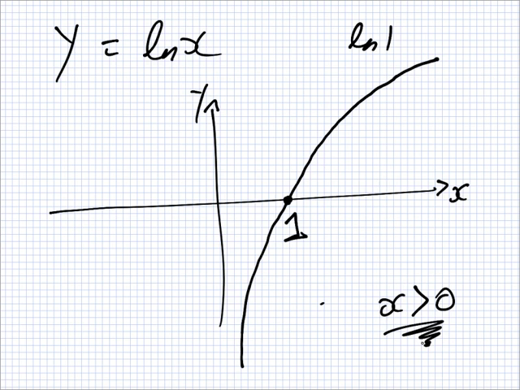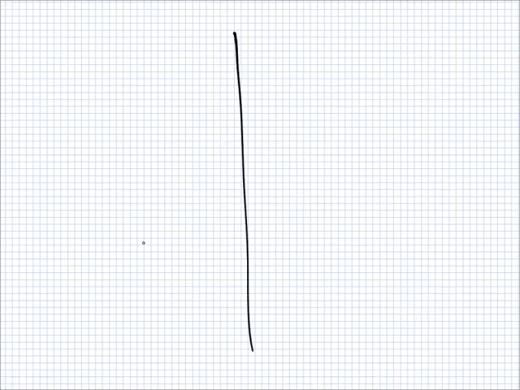So the only thing I want to do is, what happens if there's a number in front here? Well, if it's positive, the graph stays the same, and if it's negative, it's just upside down. So your situation is like this.